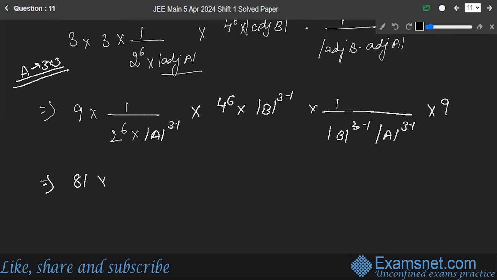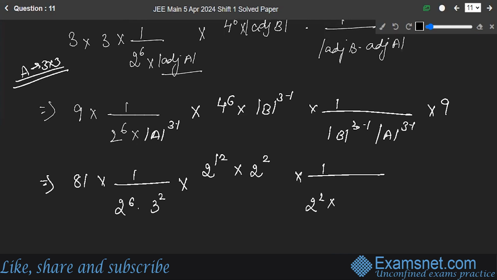So this gives me 81 into 1 upon 2 power 6 into determinant of A was 3. So 3 power 2. This is 2 power 12 and determinant of B was 2. So this is 2 power 2 into 1 upon 2 power 2 into 3 power 2 into 9.